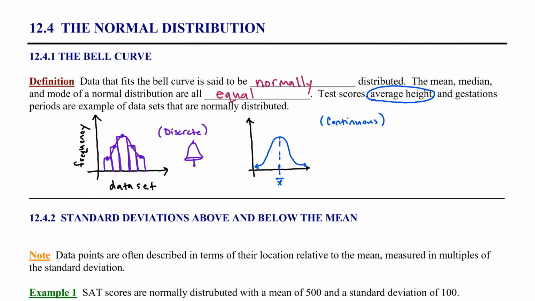That is, most of the humans tend towards the center, towards that average height, and you have fewer and fewer individuals that are extremely tall or on the extremely short side of things. So if a curve resembles this bell curve, we say that it is normally distributed. And this is what we're going to be analyzing in this section.